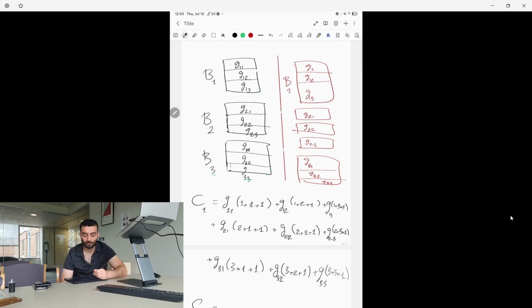So this N1 plus 1 term, actually it used to be in this one G21, 2 plus 1 plus 1. Now it is N1 plus 1 plus 1 plus 1. So 2 turned into N1 plus 1. Actually, I think it's better to write it in a sigma. It simplifies better.